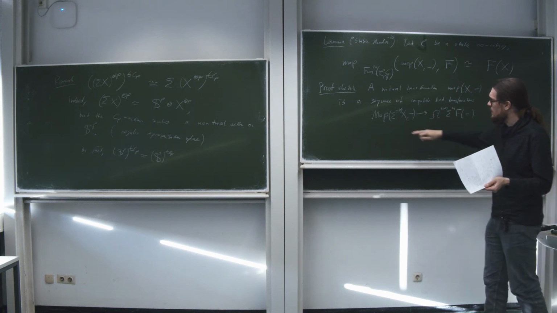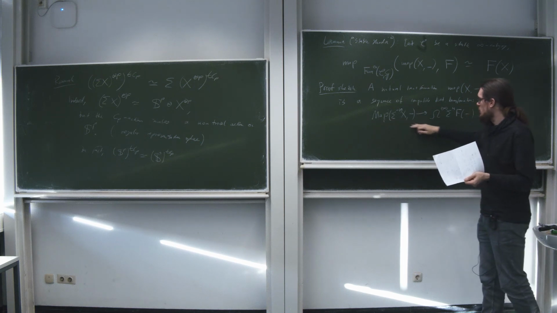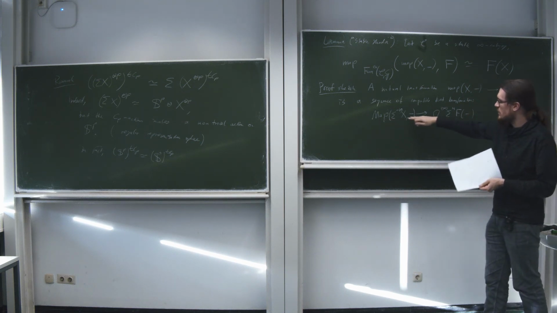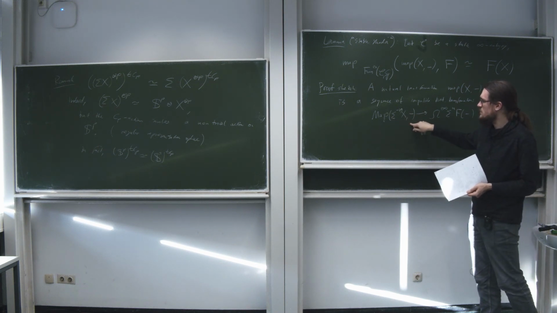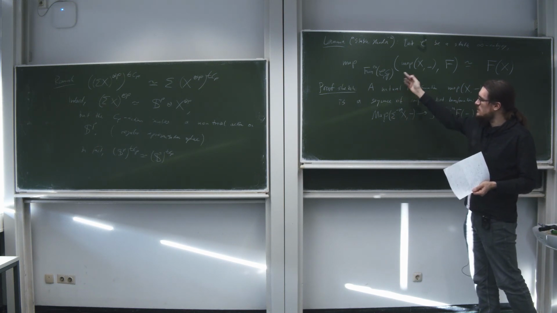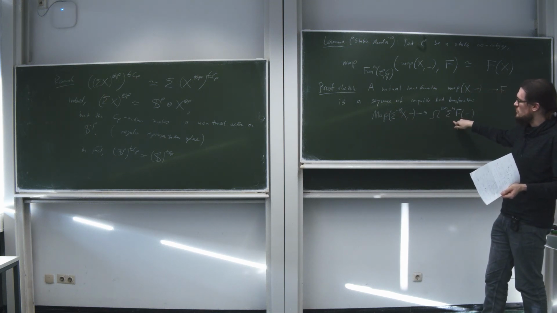And so, this is now a natural transformation from a co-represented functor on C to spaces to some functor from C to spaces.